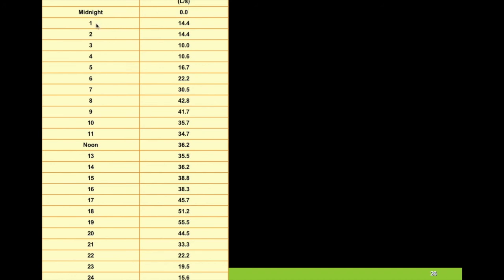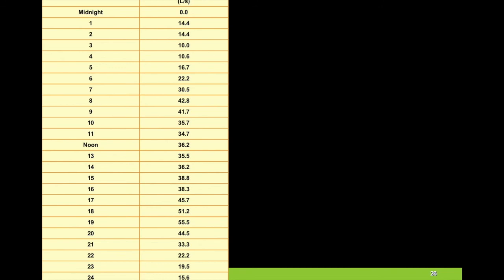So at 1 o'clock, the rate of consumption of water is 14.4 liters per second. We have to multiply by 1 hour, because we would like to know the amount of water in 1 hour. So 14.4 liters in 1 second. In 1 minute there are 60 seconds, so you multiply 14.4 times 60.